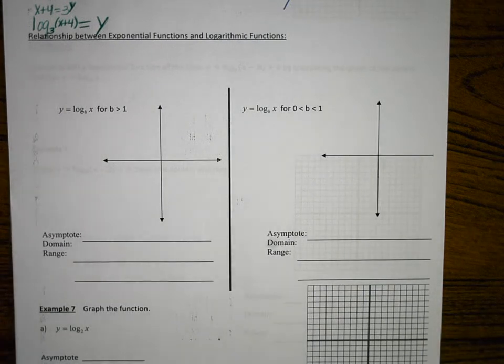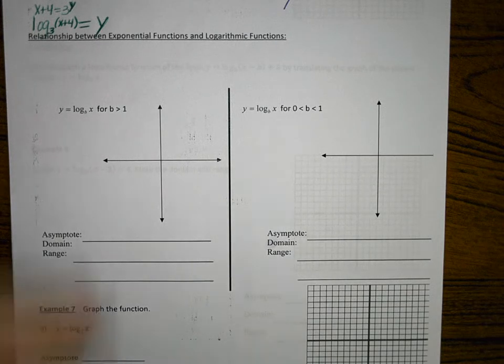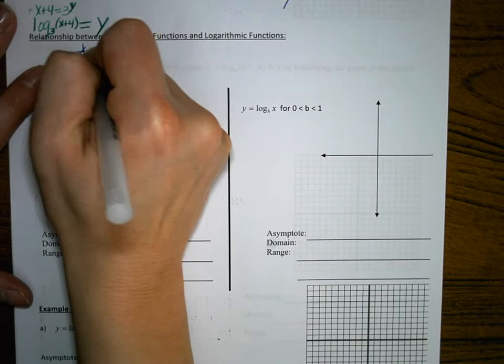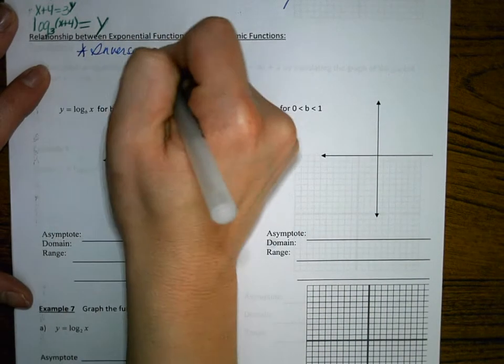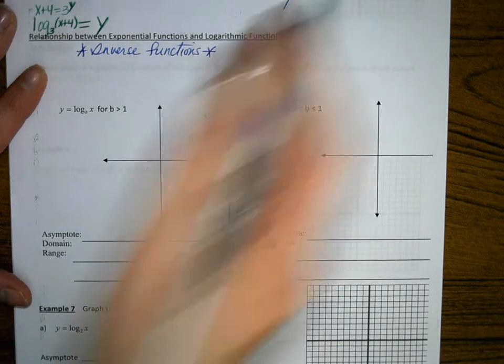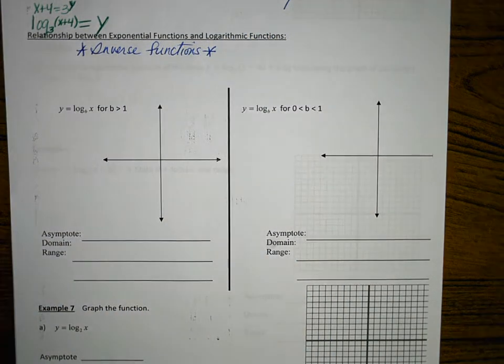All right, we need to remember from last week that exponential functions and logarithmic functions are inverses. They undo each other. Now, they are inverse functions. Okay, now what does that mean about their graphs?